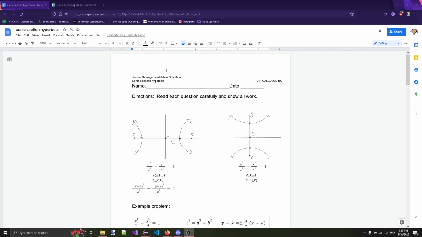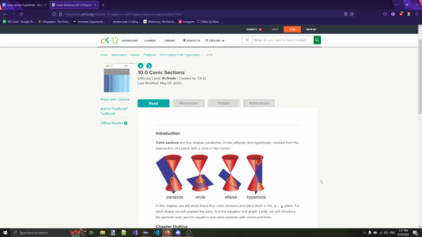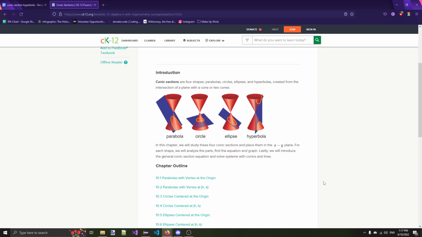Anyway, conic sections are when you have a plane and it intersects a cone, like these. There are four types. There's the parabola, which I think is when the plane is parallel to the slope of the side of the cone, so it makes a parabola.